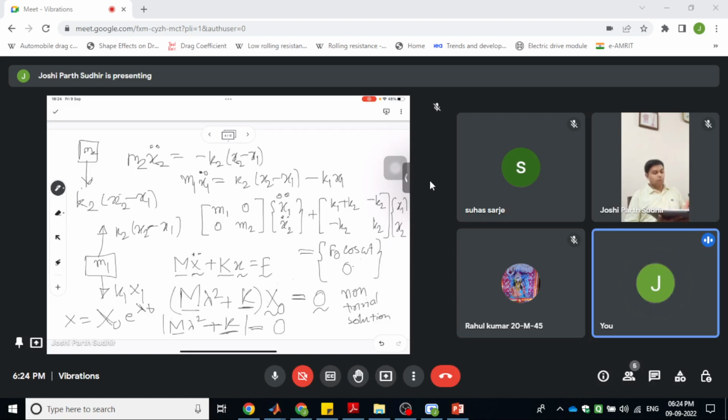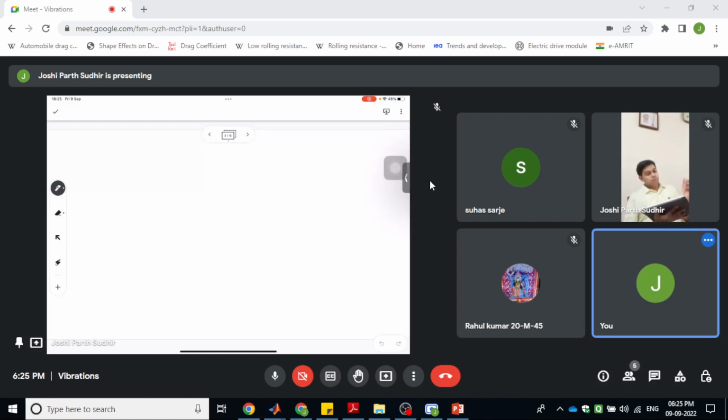Using that, if we solve for lambda square, we will get the determinant in this form.